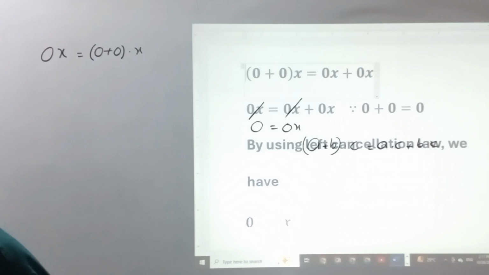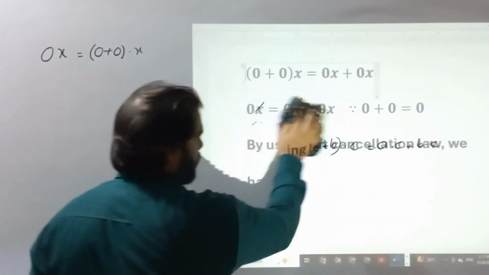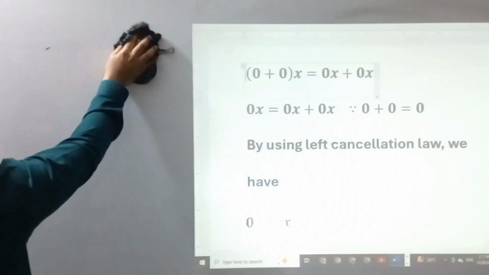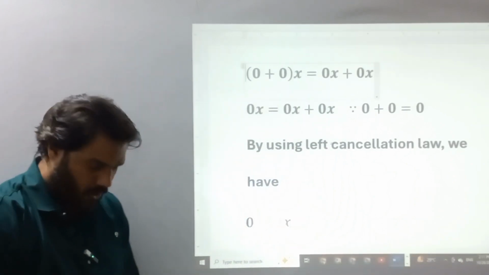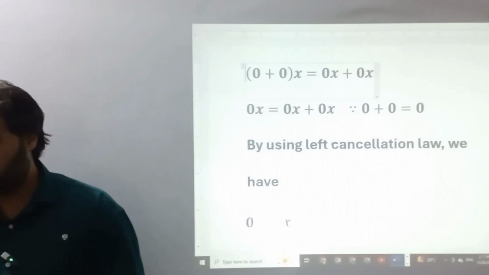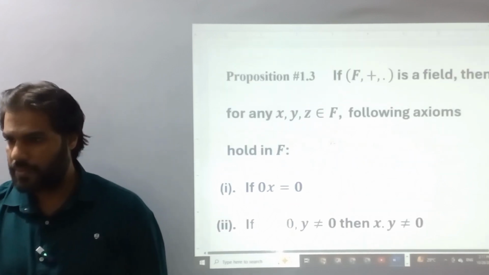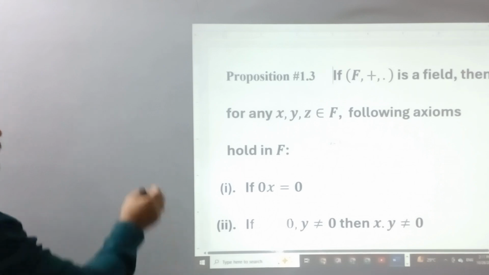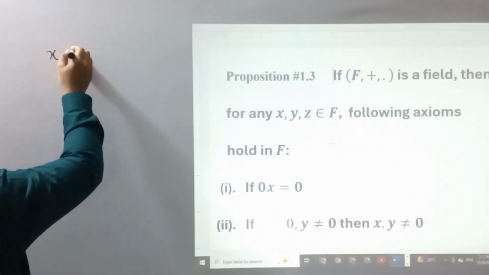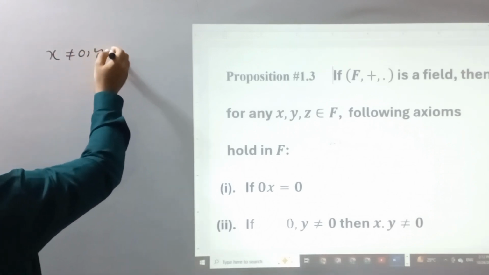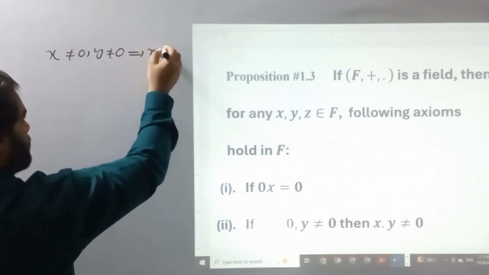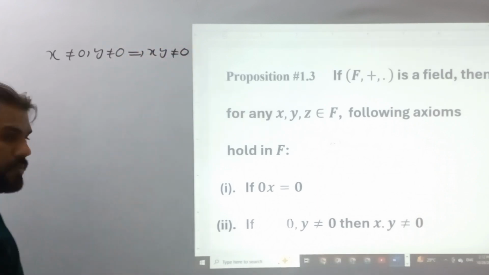Now we will move towards the second axiom. What is the second axiom here? In the second axiom, we have to show that if x and y are two non-zero elements of field f, this implies their product xy will also be a non-zero element.